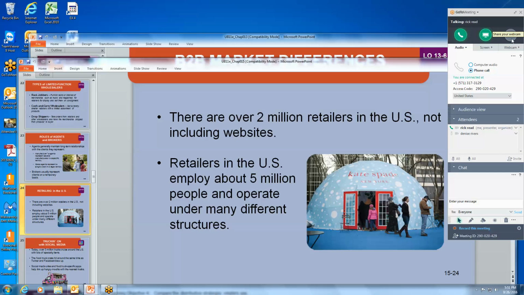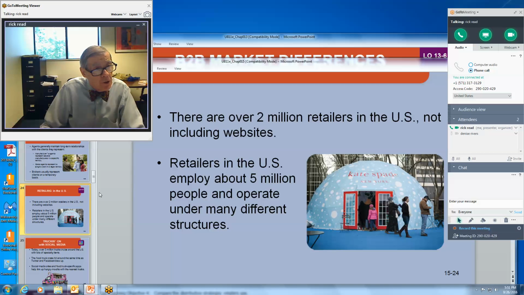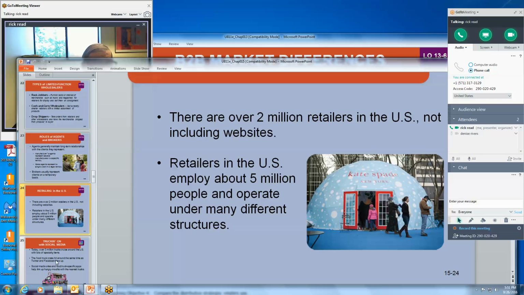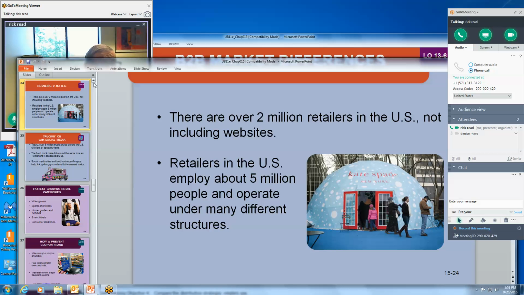Notice this slide says there are over 2 million retailers in the United States. And it also says not including websites. Very interesting. And they employ about 5 million people. So that's a huge chunk of our employed people.